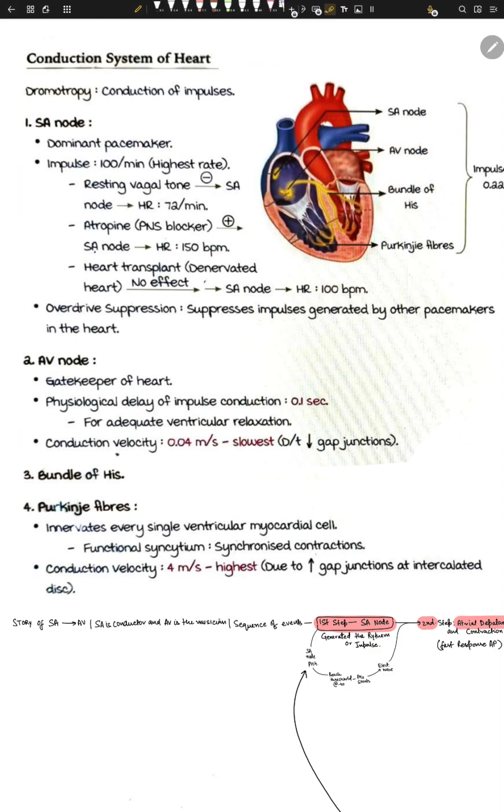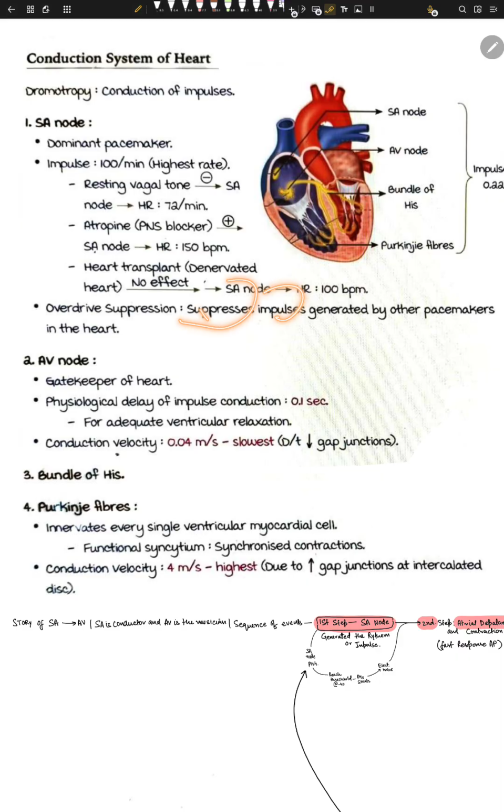Because of something called overdrive suppression. The concept is that a faster pacemaker will always suppress the automaticity of a slower pacemaker.